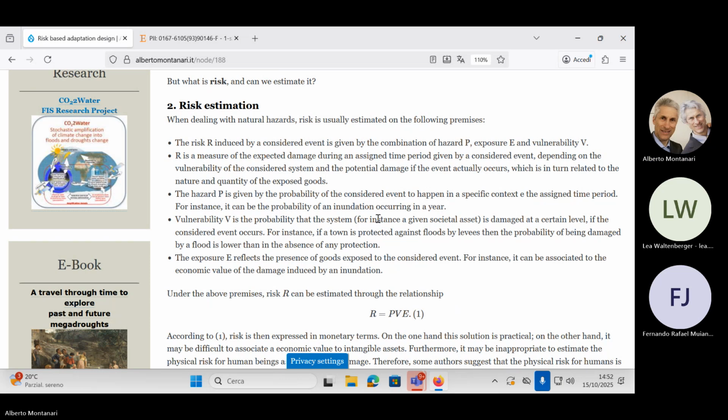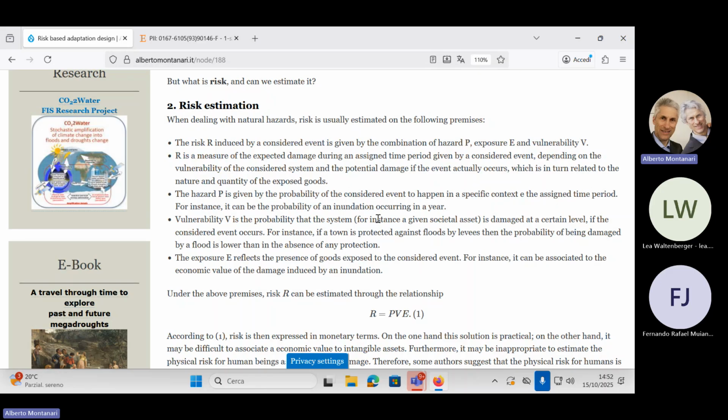And then what are vulnerability and exposure? Vulnerability is the probability that the system, so a given societal asset like the city of Ravenna, is damaged at a certain level if the considered event occurs.